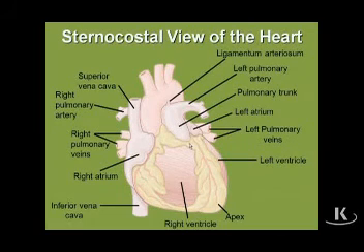The other important point that I want to make on this slide, and we'll come back to it in a few moments, is to take note of the fact that the two outflow vessels from the heart, the ascending aorta and the pulmonary trunk, are both emerging from the anterior wall of the heart. And more specifically, we see that the ascending aorta is on the right and the pulmonary trunk is on the left.